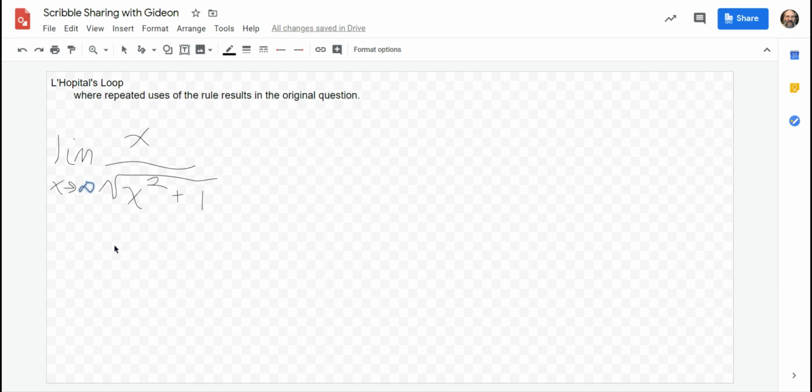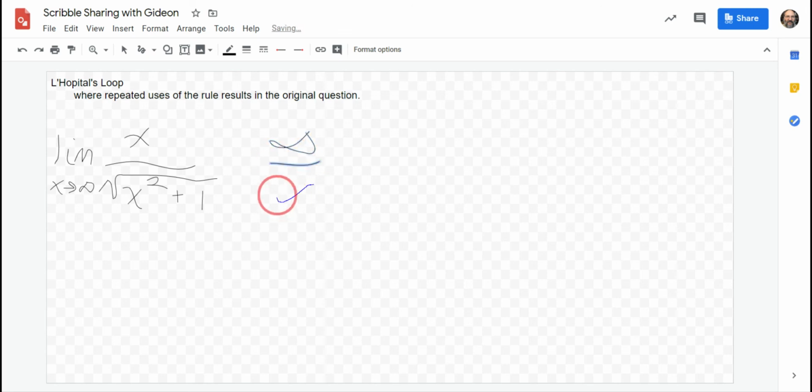So the first thing that we have to make sure is, I told you can use L'Hopital because that's what the video is about. But in a normal circumstance, you'd have to check and make sure. As x goes to infinity, the top becomes infinity. And the bottom, let's check this out. Well, x squared is infinity times infinity is infinity, and the square root of infinity is still infinity.